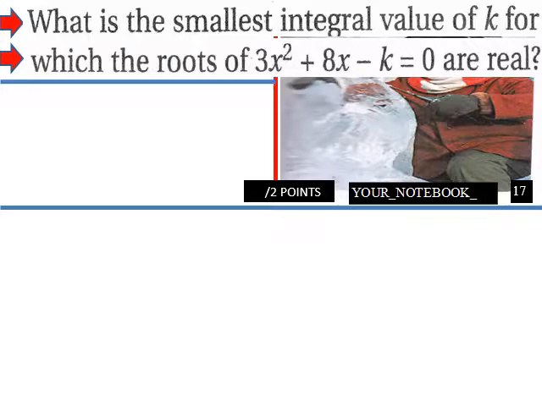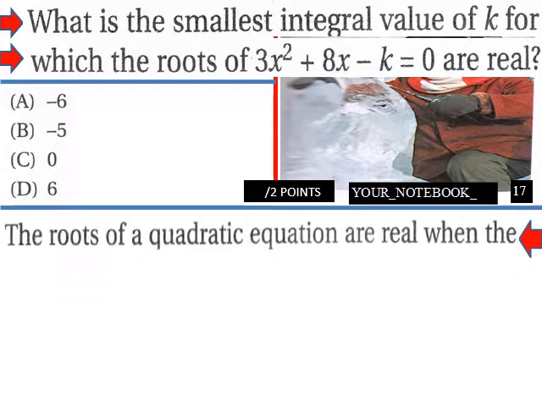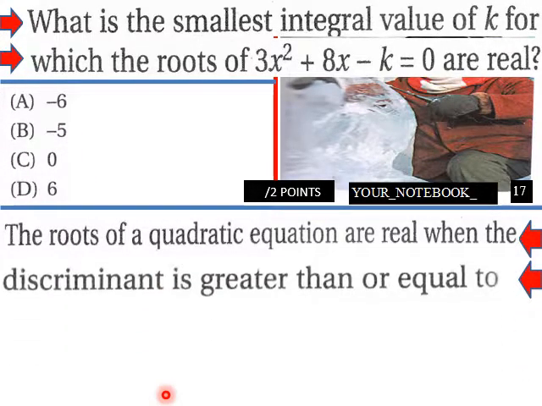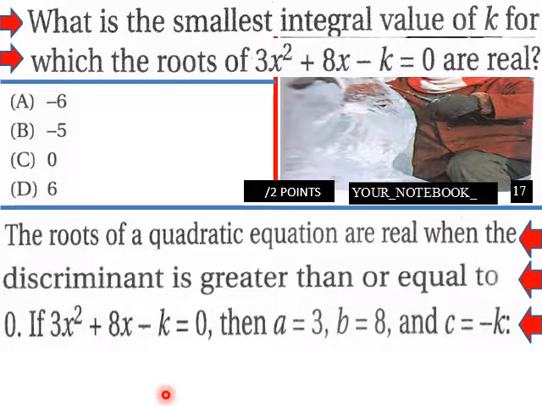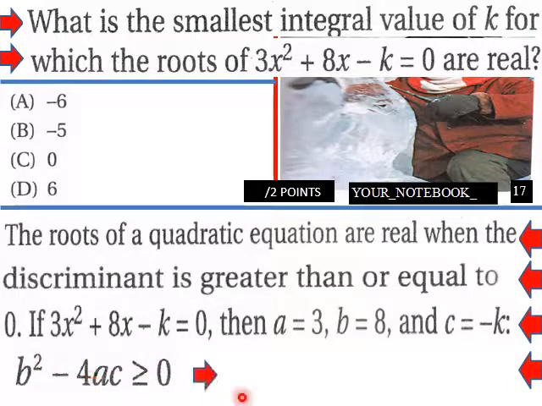What is the smallest integral value of k for which the roots are real of that quadratic? Here are possibilities here. The roots of the quadratic are real when the discriminant is greater than or equal to 0. Here, a equals 3, b equals 8, and c equals negative k. So we would have b squared minus 4ac is greater than or equal to 0.